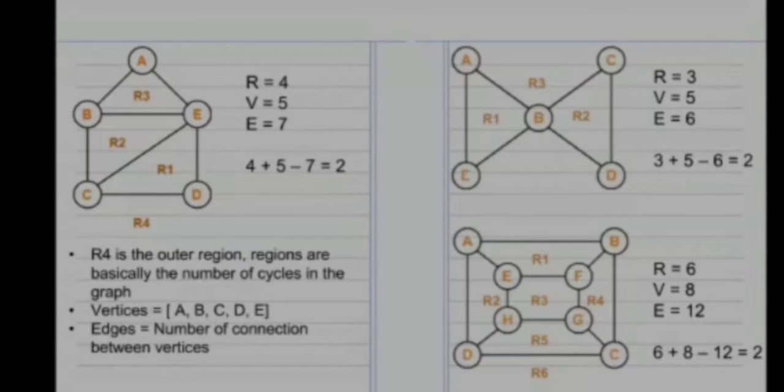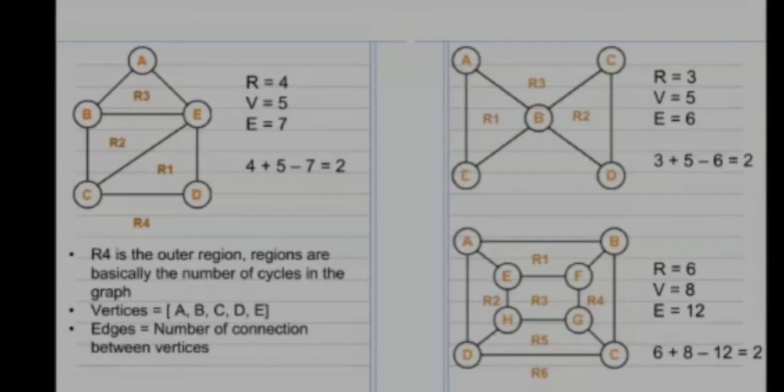Then when we take our third example, we have a total of 6 regions. R1 being AEFB, R2 ADHE, R3 EHFG, R4 BFGC, R5 HDGC, and finally R6 being the outermost region.